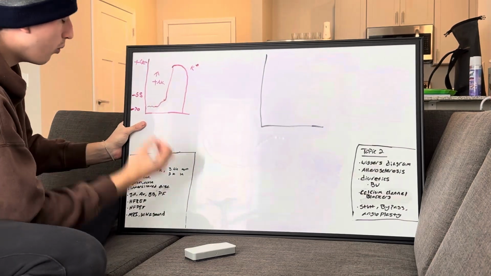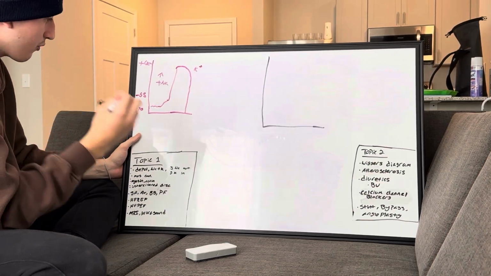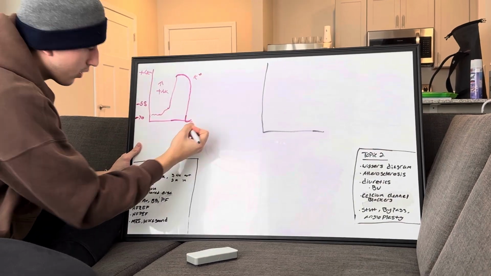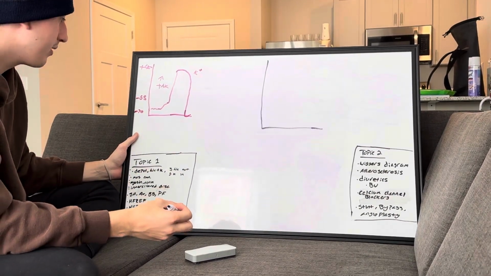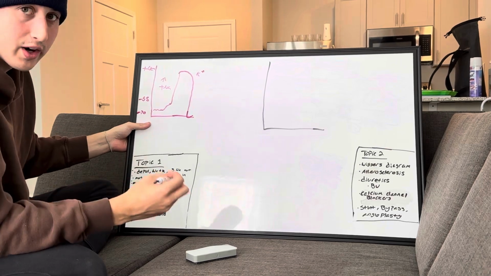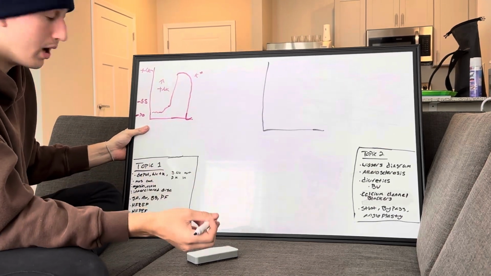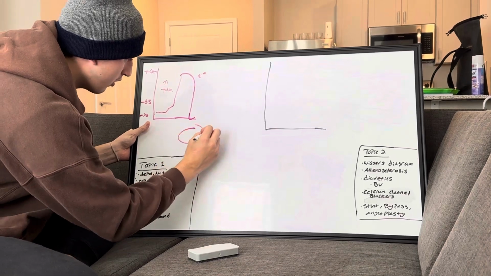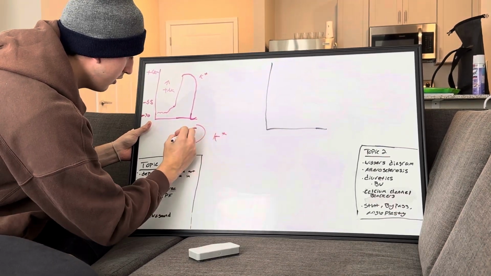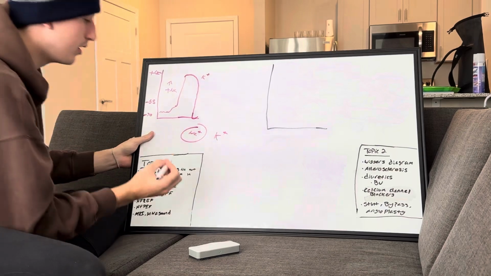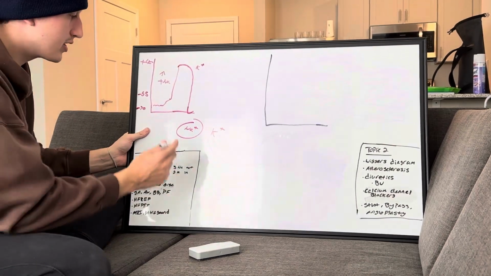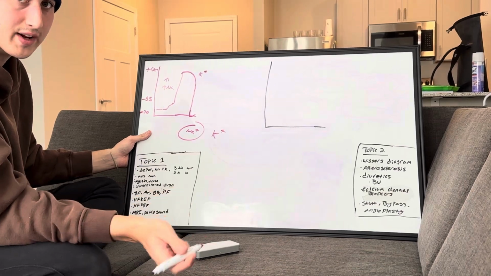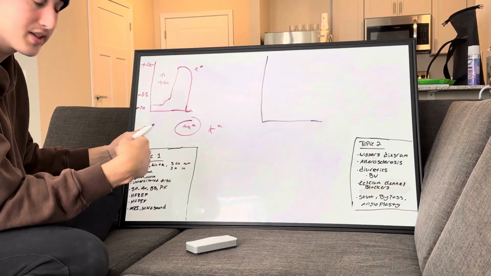So, once you have reached here, you're going to go into your refractory period. Your refractory period is also called your sodium-potassium pump. This is where, with the cell, potassium is now out of the cell and sodium is inside of the cell. You want that to change. You want it to be able to reset for the next time, where sodium has to be outside of the cell and potassium has to be inside the cell.